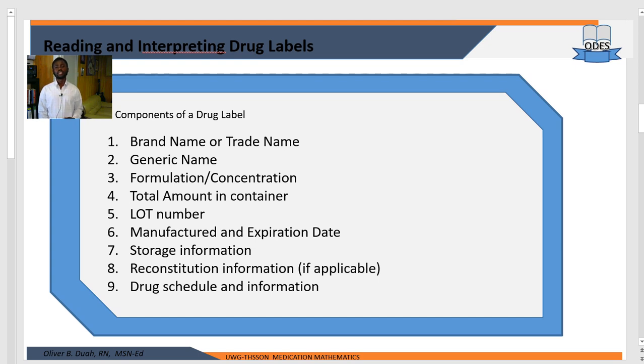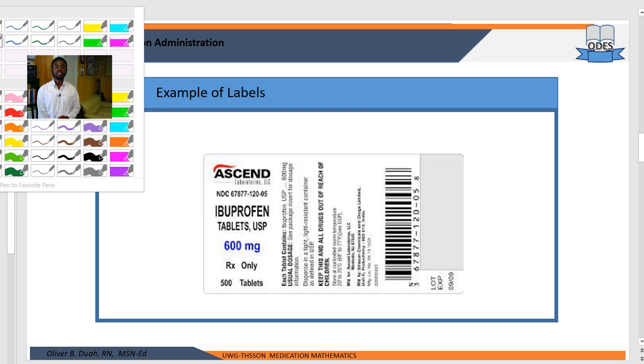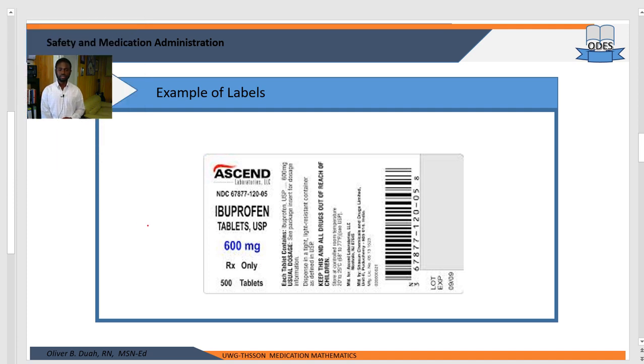Now that we have considered the components, let's look at some examples of drug labels, and I'll tell you what these components are. This is an example of an ibuprofen drug label. As you can see, you are going to find some of these components on this drug label.